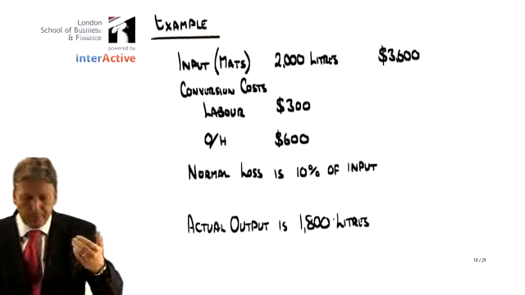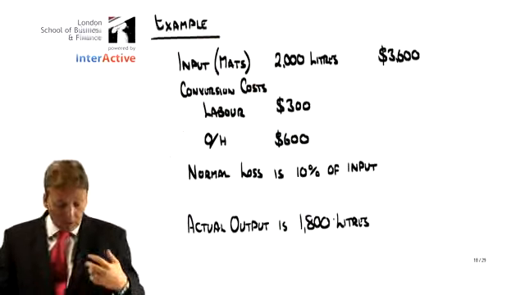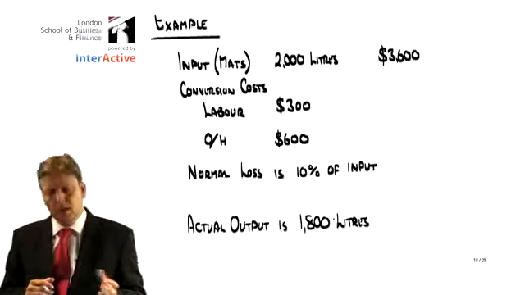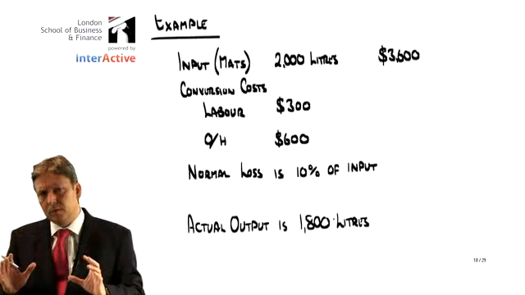If we were to look at an example with scrap value, maybe the easiest thing to do would be to start with the example that we already have. If you remember, we had an input of 2,000 litres, $3,600. Conversion cost, labour $300, overhead $600. We said that the normal loss was 10% of input.